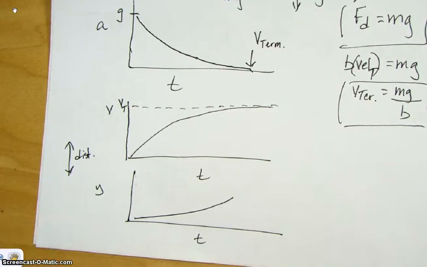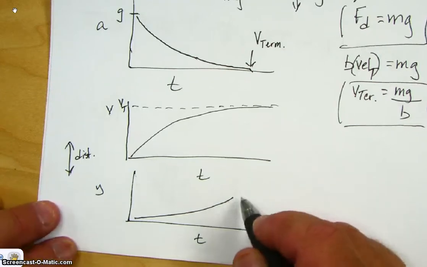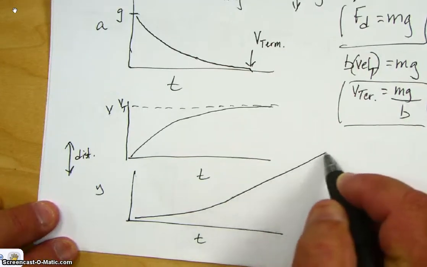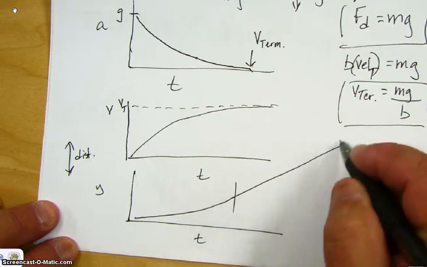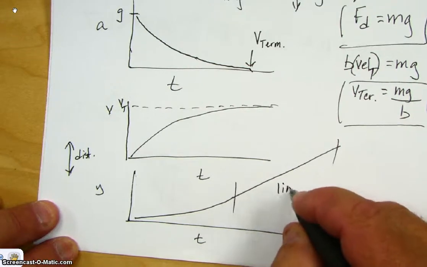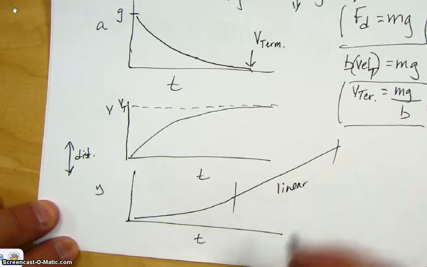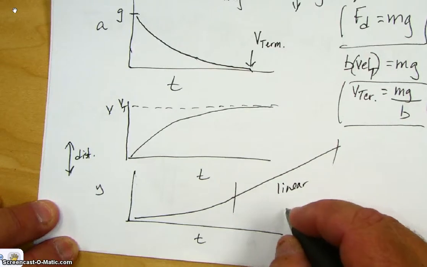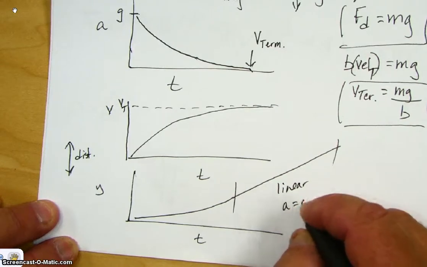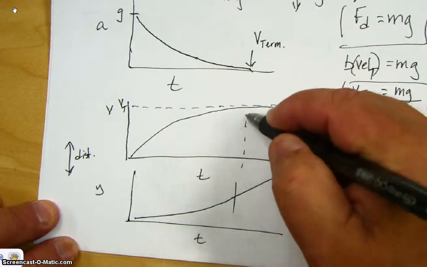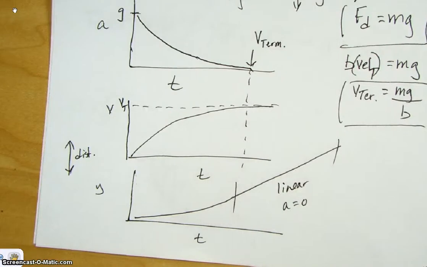So you're going to have a parabola, the 1/2 at squared. Now your a is going to be changing, so it's not going to be a perfect parabola. Once you reach terminal velocity, it's a linear speed. So out here, this is linear. That means your velocity is constant, your a is equal to 0. Those points should all about line up when you put them together.